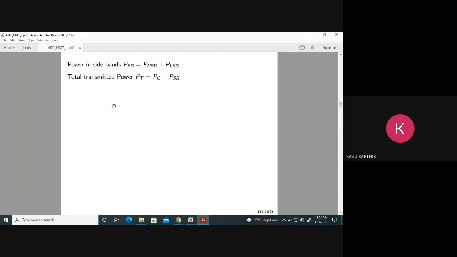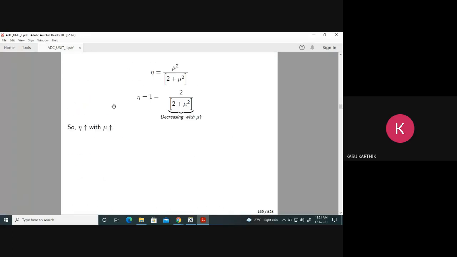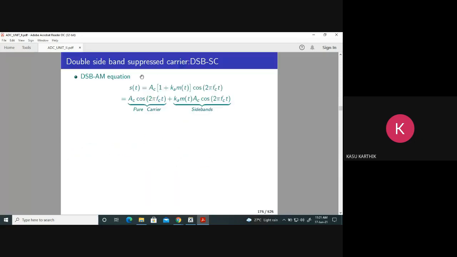Now, that leads to the next technique, called double sideband suppressed carrier, DSBSC, which means we are transmitting two sidebands and suppressing the third component, that is the carrier. You take this term, you remove this term, and you transmit only two sidebands. Here Ka is also not required, just m of t into c of t.